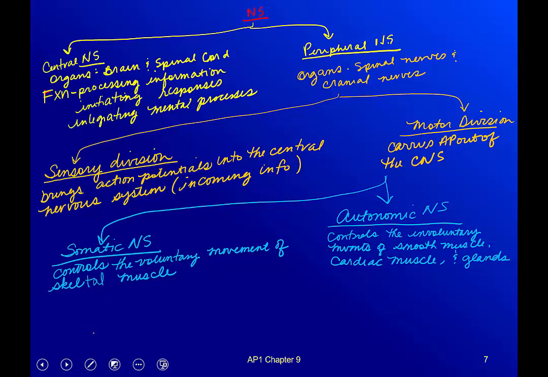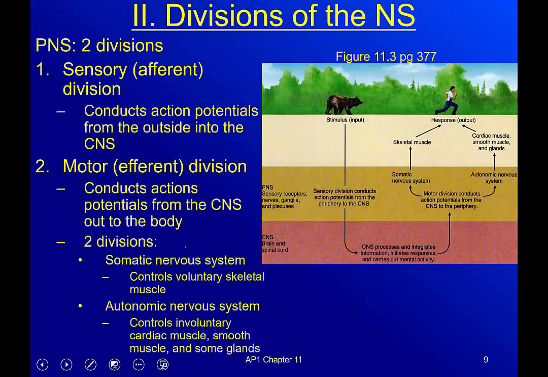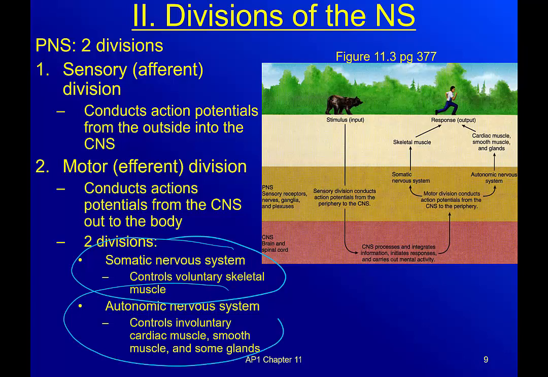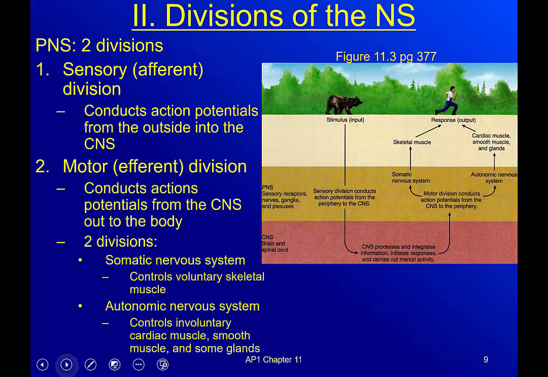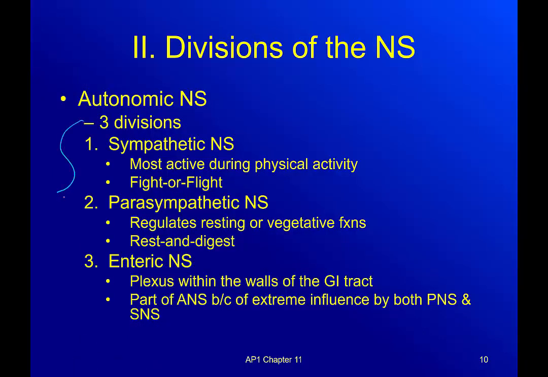Okay? So somatic controls voluntary skeletal muscle. Autonomic controls involuntary cardiac muscle, smooth muscle, and glands. Now, the autonomic nervous system also has 3 divisions.